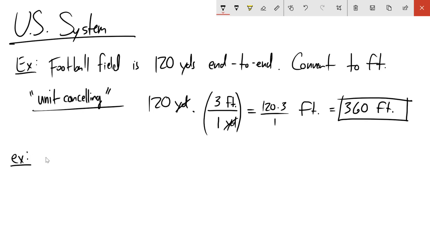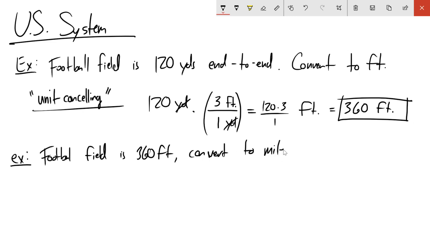Okay, so now we know that the football field is 360 feet. What if I wanted to convert that to miles? And let's say we're going to round to the nearest hundredth.